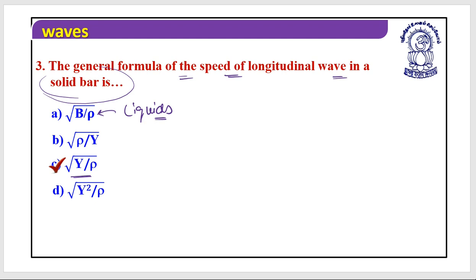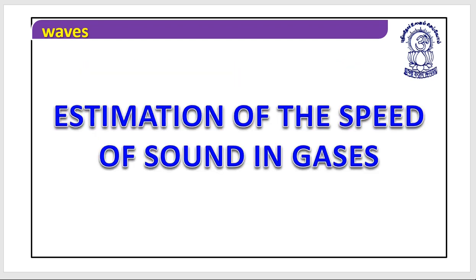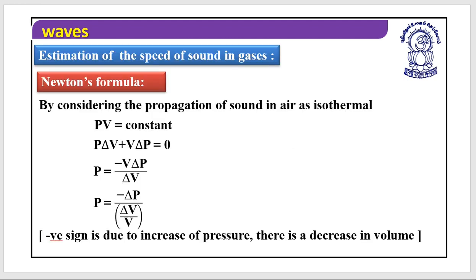Now let's discuss the estimation of the speed of sound in gases. How does sound travel in gases? Let's have a look. Initially Newton worked on it, so first we will discuss Newton's formula for the speed of sound.